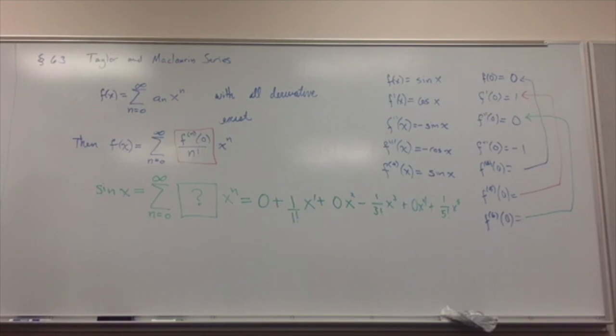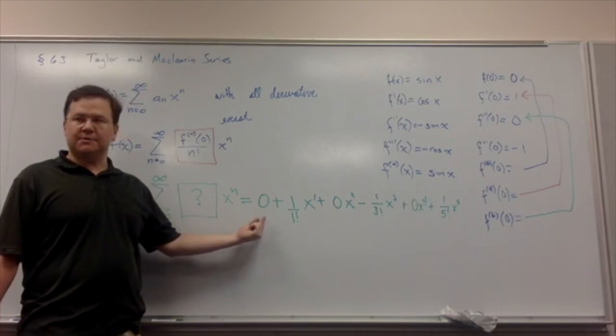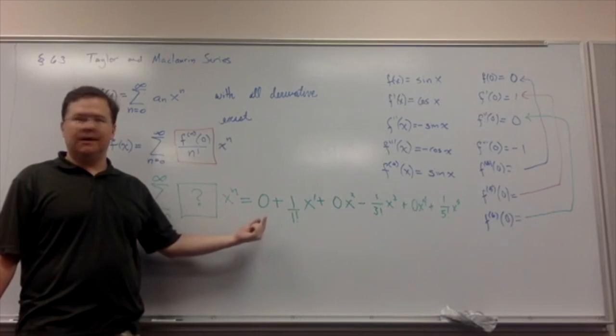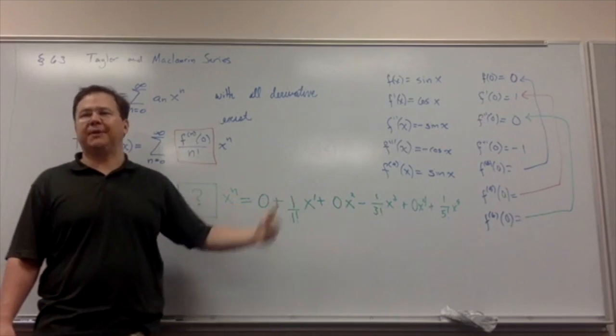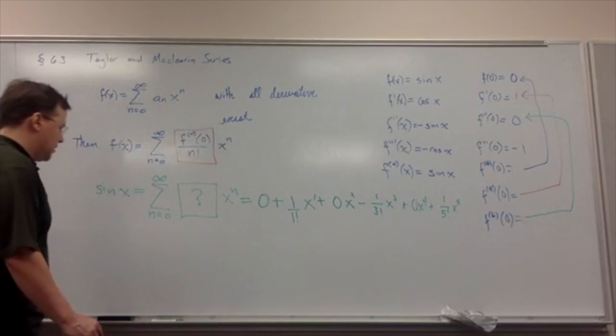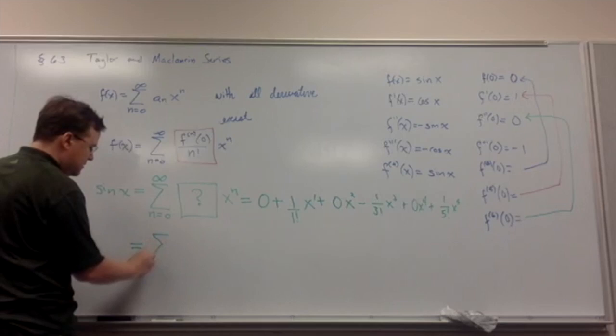In light of the fact that a lot of these terms have a 0 in front of them, I'm not even going to attempt to include them in that pattern. I'm just going to jump past them. So I'm going to write it like this.